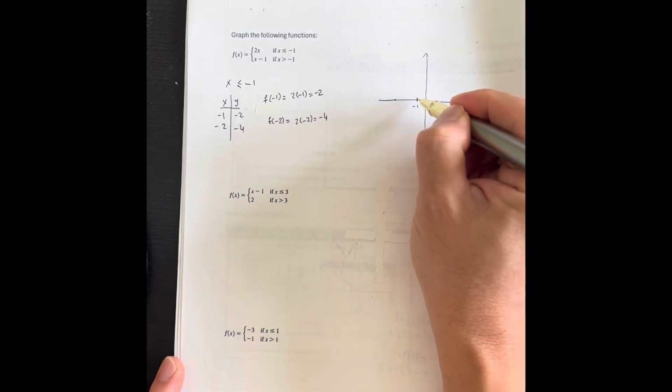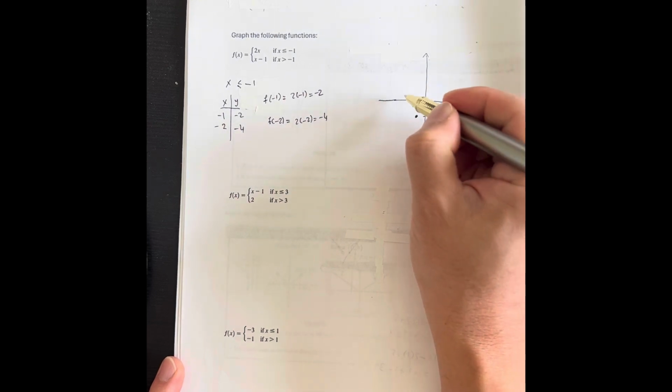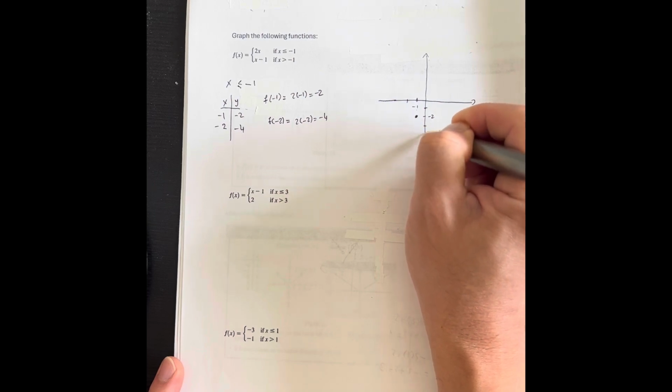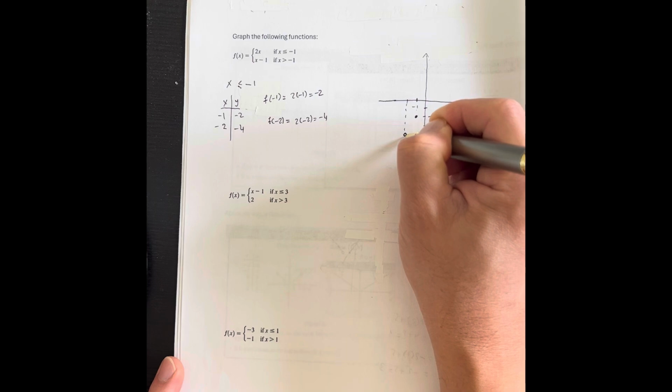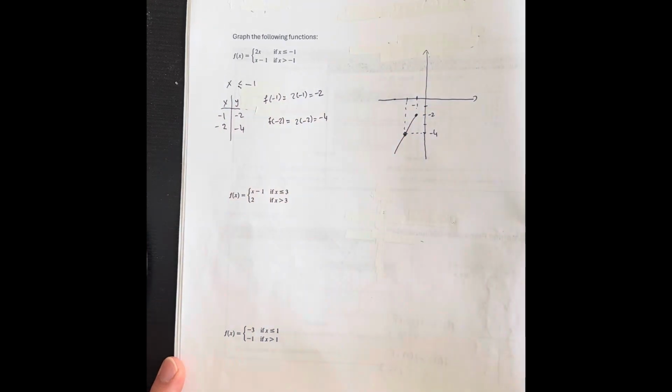So (negative 1, negative 2), and when x is equal to negative 2, it's negative 4. So that's the first part of the line.